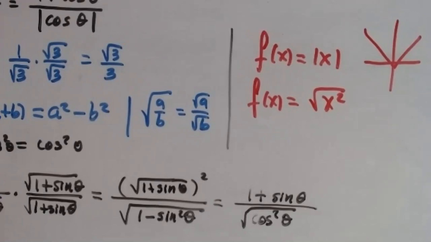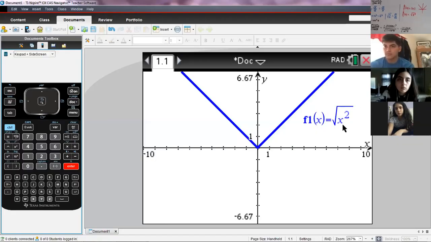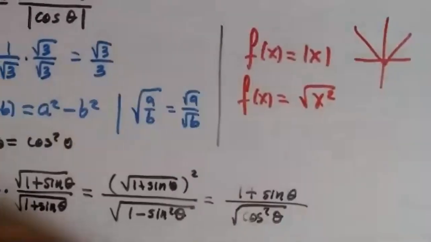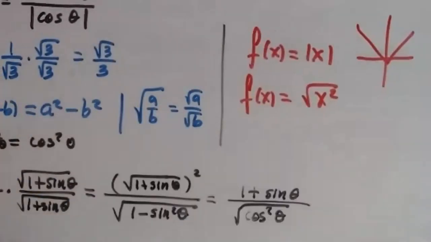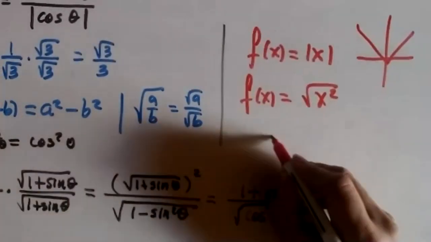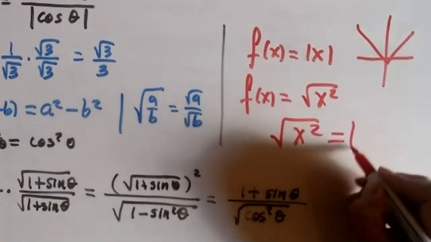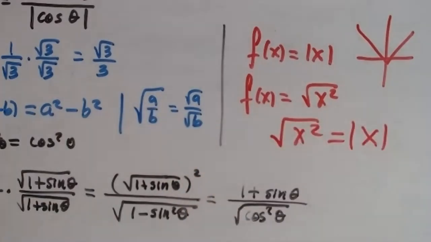You plot the square root of x squared, and you see the same V. There is no way out. The square root of x squared is the same as the absolute value of x.